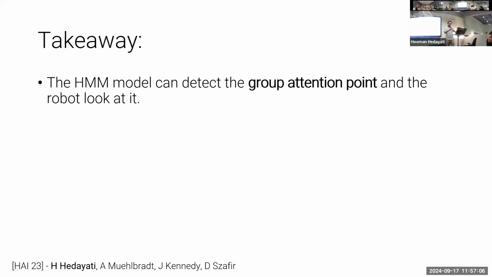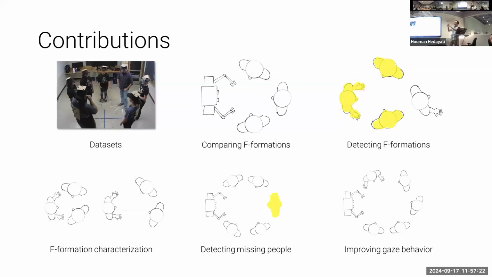And so the takeaway is that with hidden Markov models, we can detect the focus of attention of the group. So far, I have covered all the contributions that I've done in the first half of the talk.